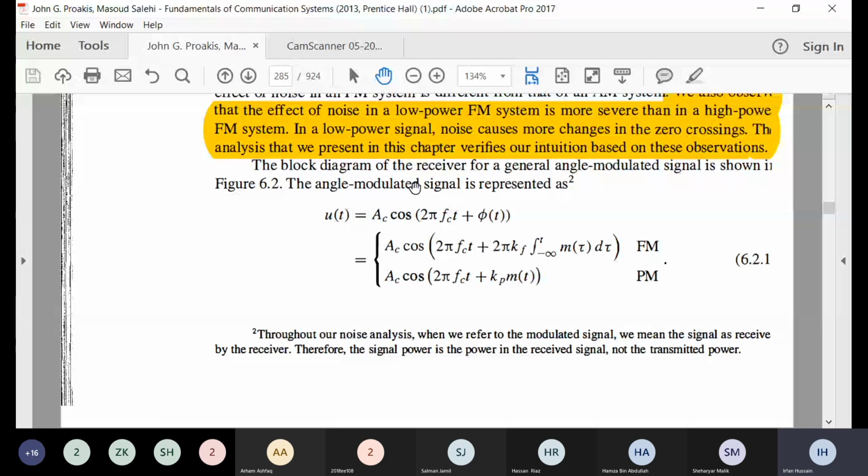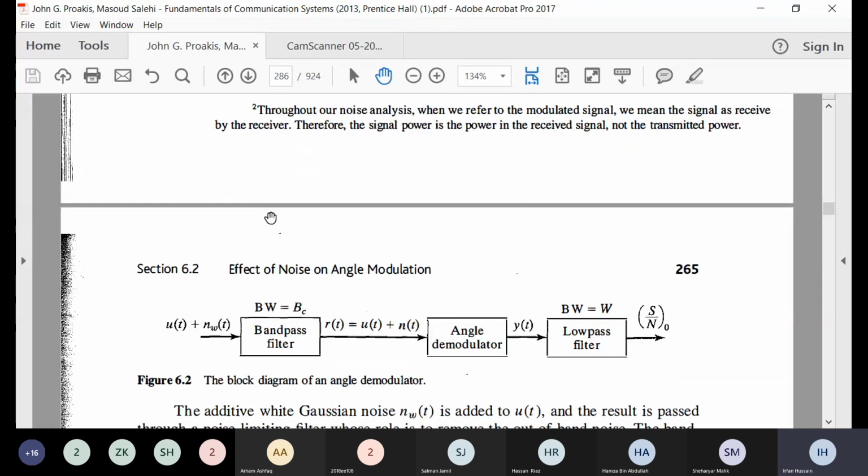The block diagram for the receiver of a general angle modulated signal is shown in figure 6.2, which we have already covered in chapter 4. First of all, you will have a band pass filter that will restrict the signal to the bandwidth of the modulated signal.